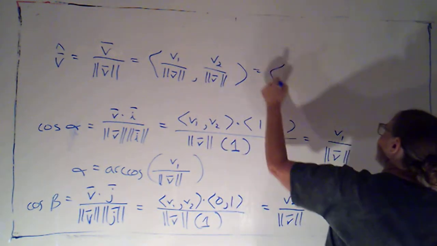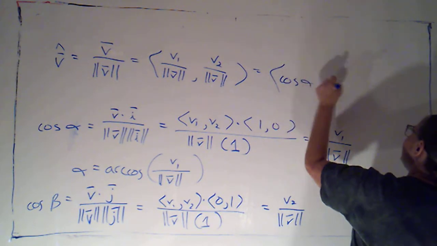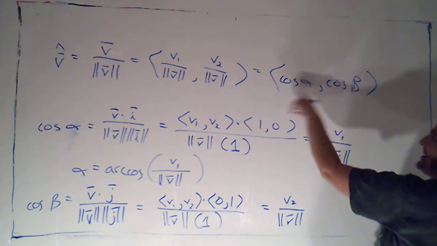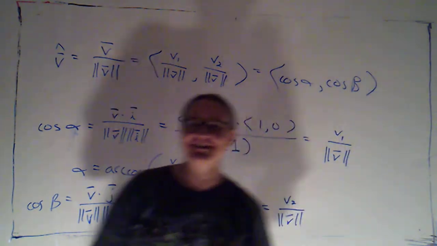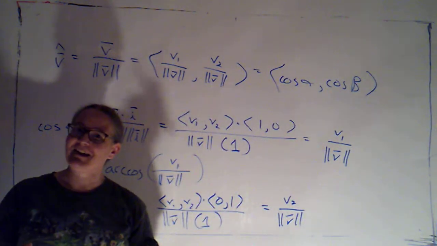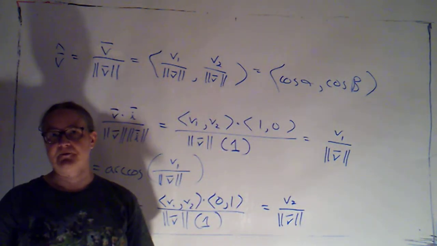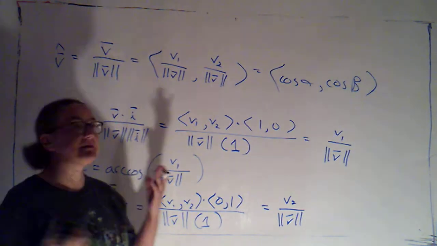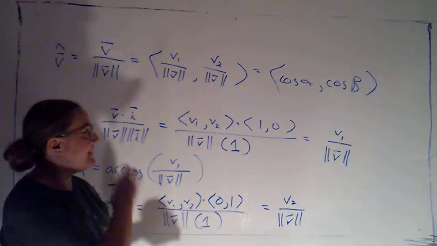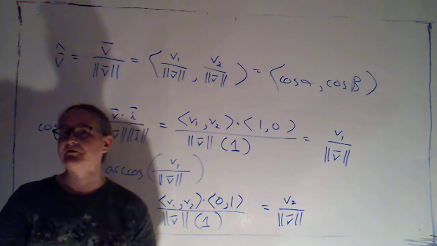Oh my goodness, this is very cool. That's cosine of alpha, cosine of beta. So the direction cosines are actually the components of the normalized vector. This applies as long as V is a non-zero vector, so that these direction angles are well defined.